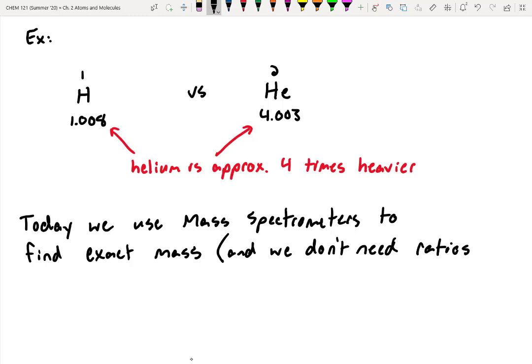The ratios that they used from the early 1800s and on aren't really used anymore because we have such high-end equipment.